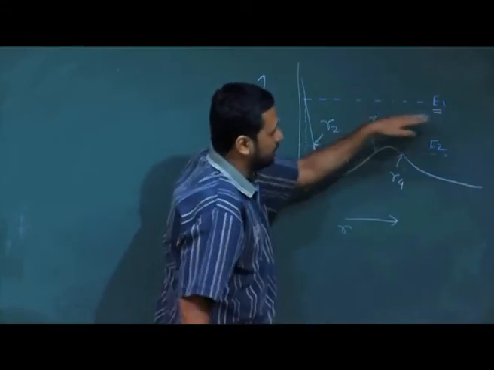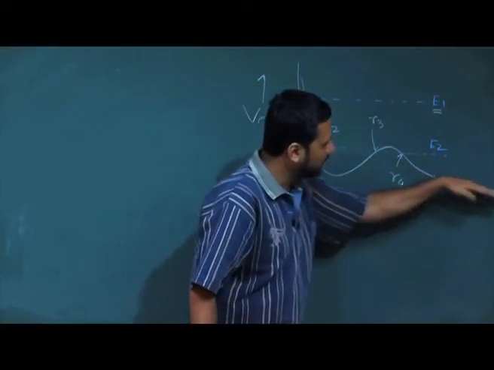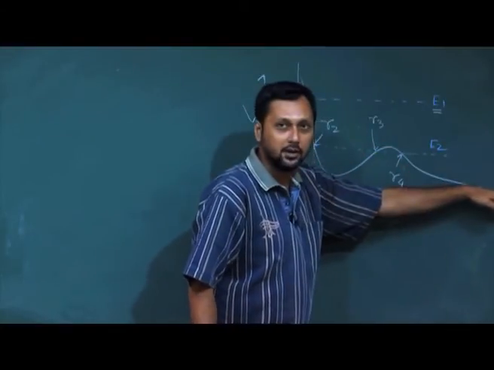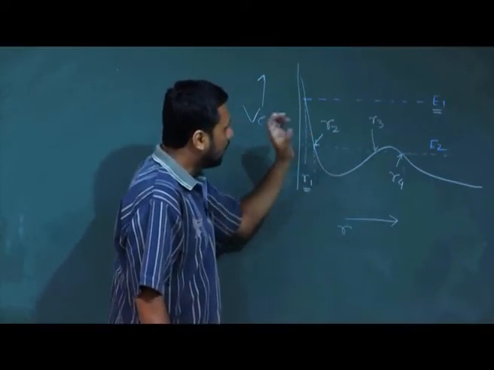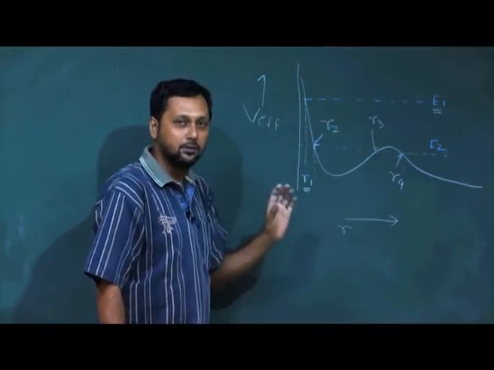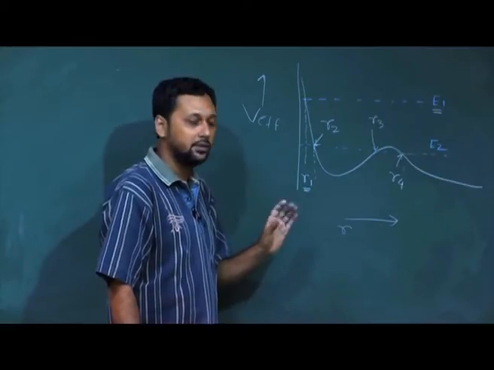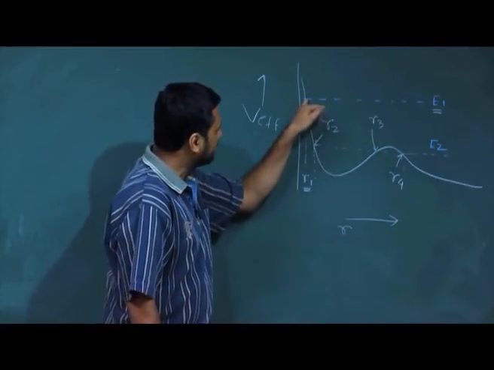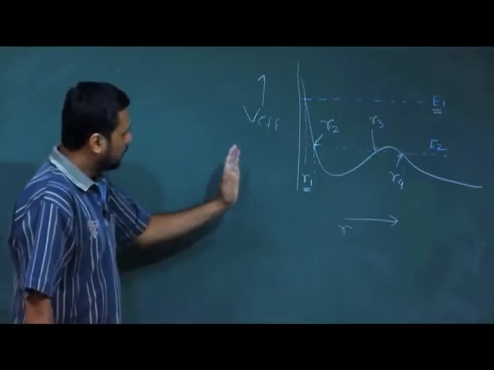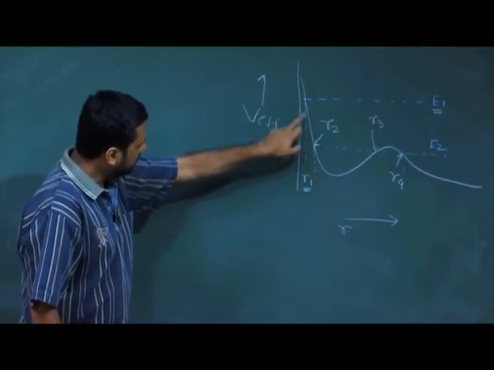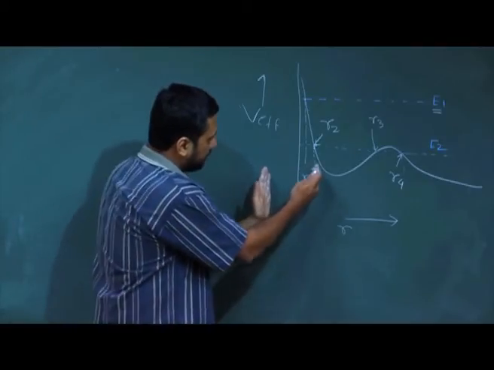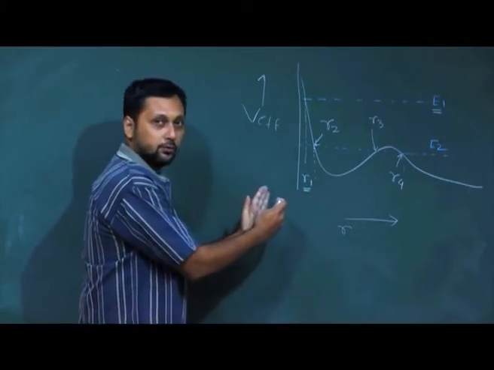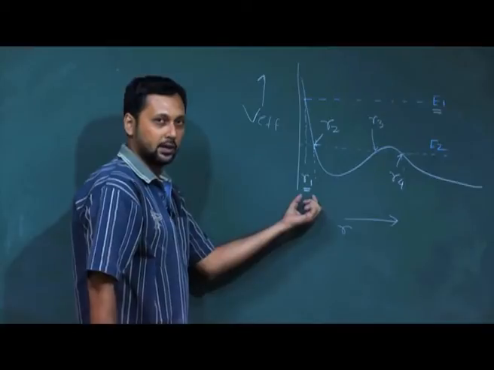It can go anywhere without any bound, because assuming the potential stays at this level, it will not have any further interaction with this potential except at this point. Beyond this point, the particle cannot come closer to the force center than R1.